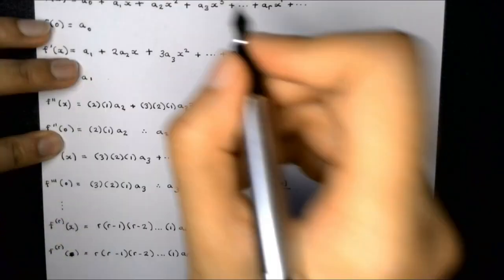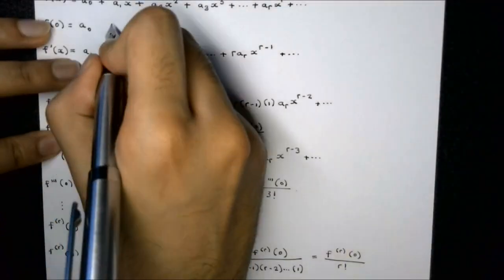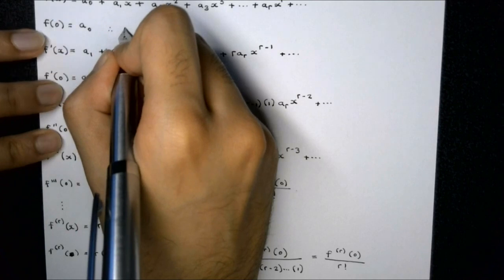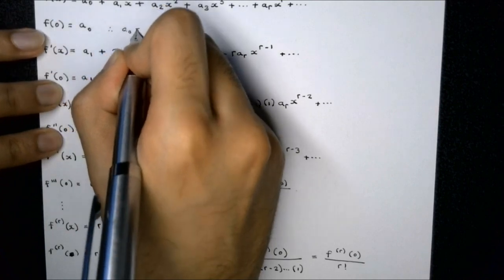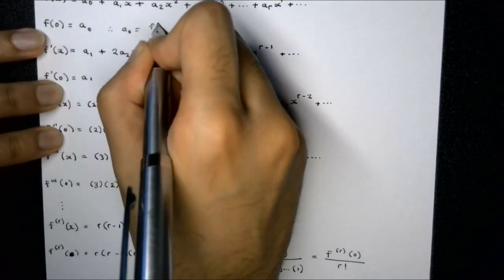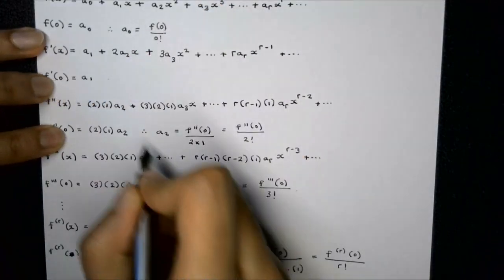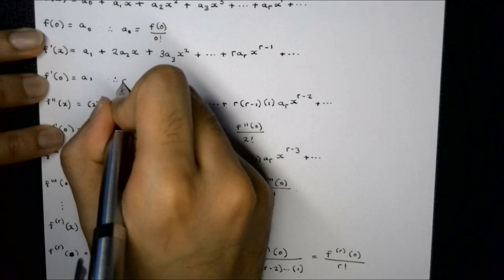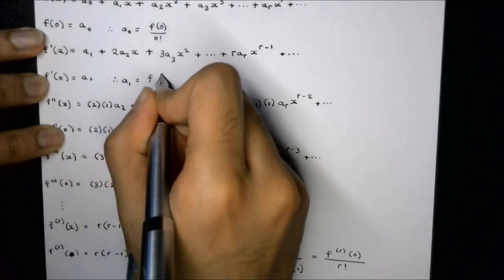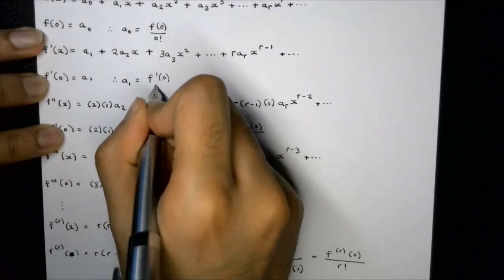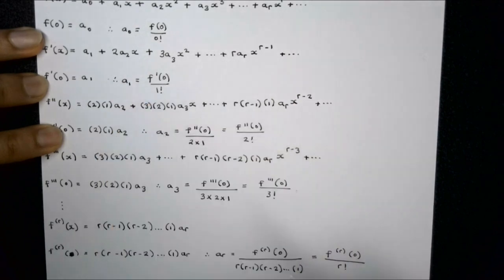So perhaps if we write this down, we can therefore conclude a0 is equal to f of 0 divided by 0 factorial. a1, that's equal to f dash at 0 divided by 1 factorial.